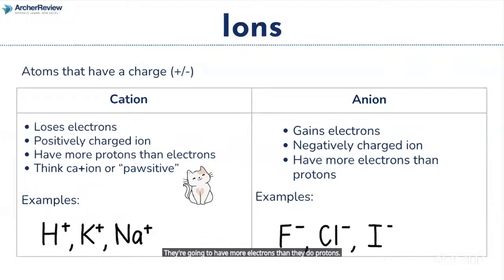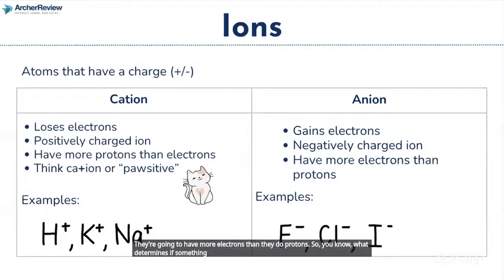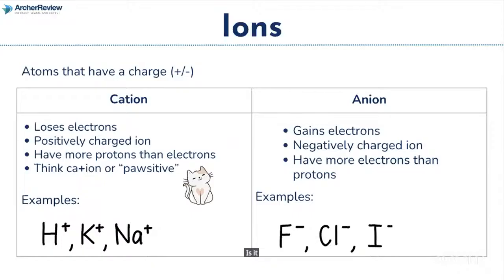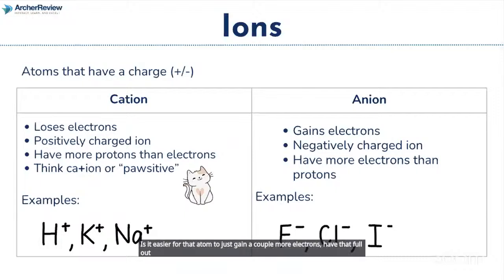So, what determines if something gains electrons or loses electrons? Honestly, it's determined based on how many shells it has and how many electrons are filling that outermost shell. Is it easier for that atom to just gain a couple more electrons, have that full outer shell, be stable, be happy?